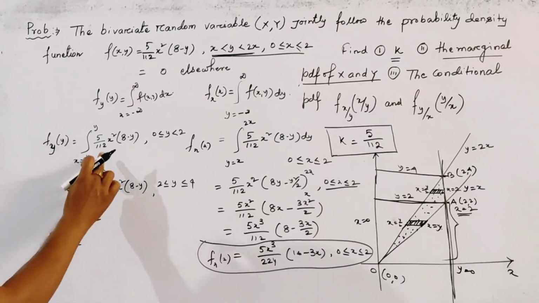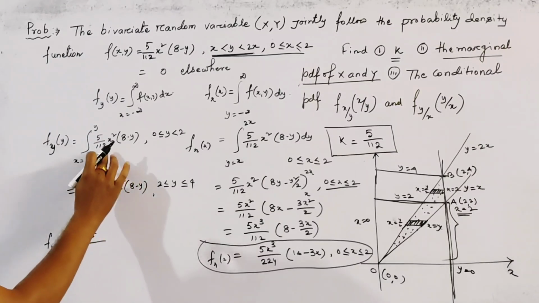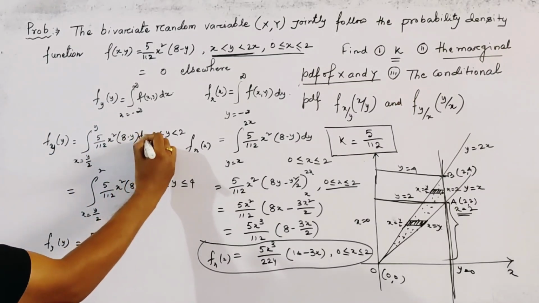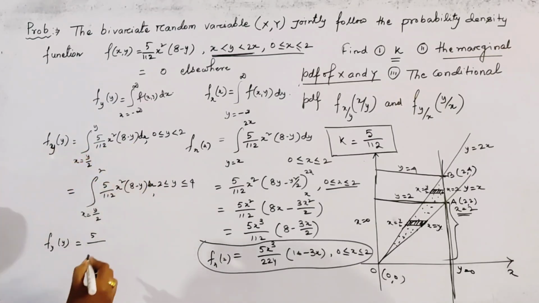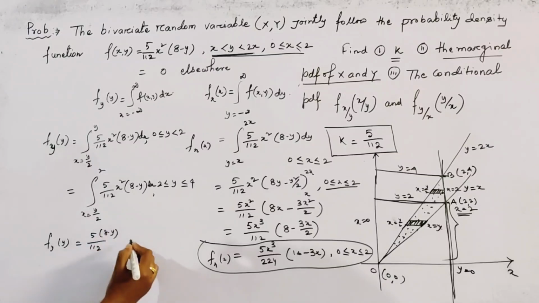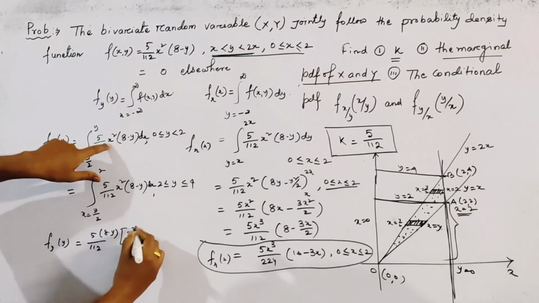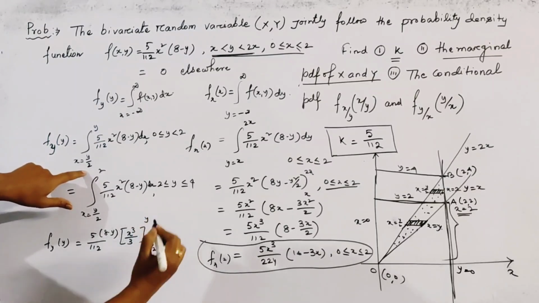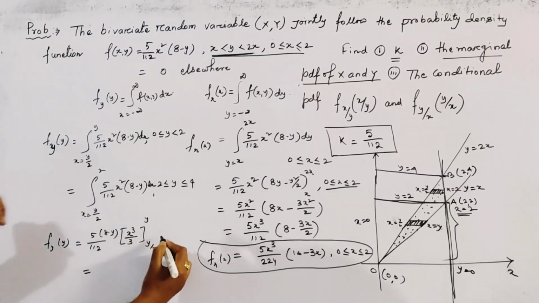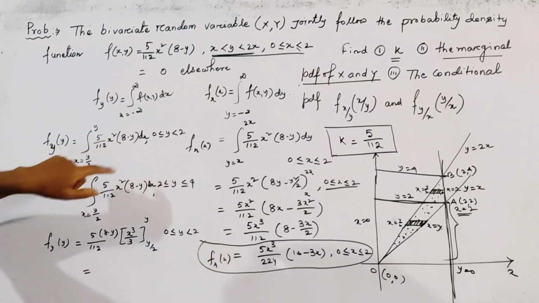This is given by 5 by 112 into (8 minus y) integral of x square dx, and also this is dx. So we get from here 5 by 112 into (8 minus y), and this is x cube by 3, and the ranges are y by 2 to y, and we write the range here 0 less equal to y less than 2.